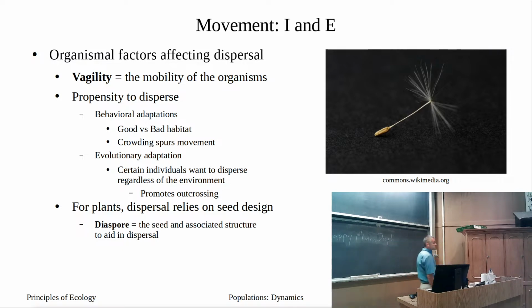Low vagile organisms are those that don't really have a great ability to move. A lot of plants can't get up and walk away. I know the cartoons might make it seem like they can do that, but they can't. A tree can't get up and relocate to a better area.